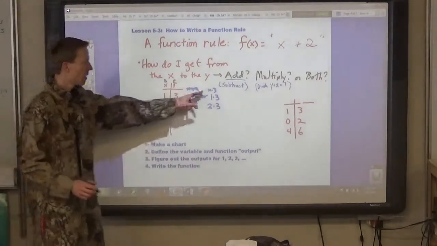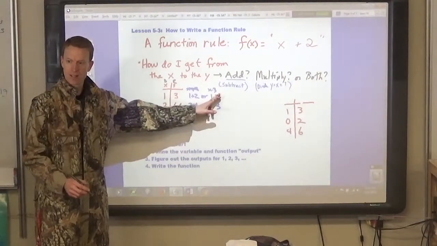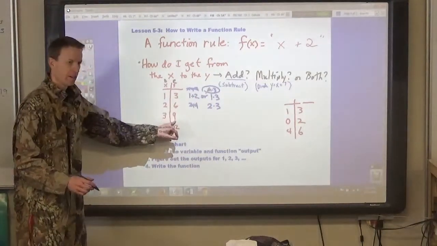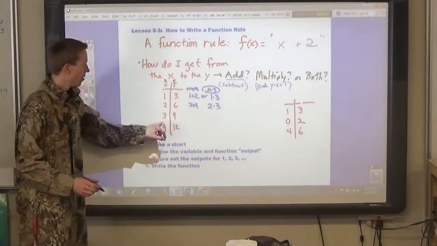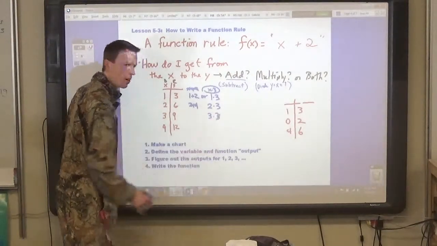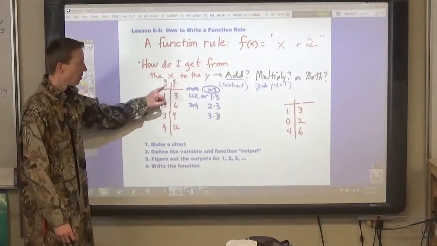You can use the x times 3 rule to get there. So that works for the second one. Does it work for the third one? 3 times 3. Does that work? Yes. So that's our function rule.